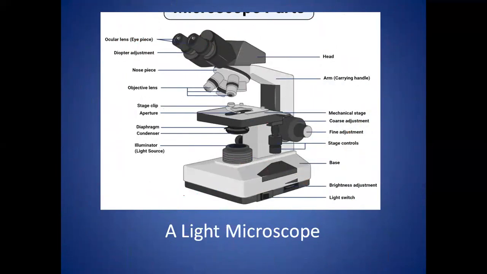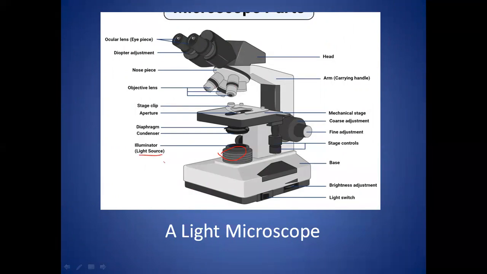So take a look at this light microscope. This is also a light microscope. Everything is the same: adjustment screw, stage, base, objective lenses and ocular lenses. Ocular means eyepiece. But one difference is this portion here. We don't use a mirror. We use a light source.